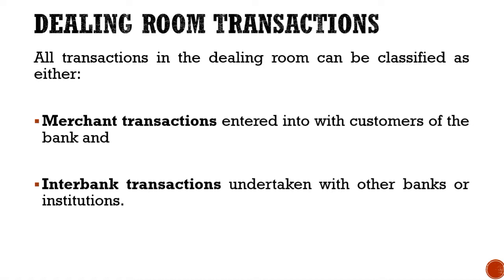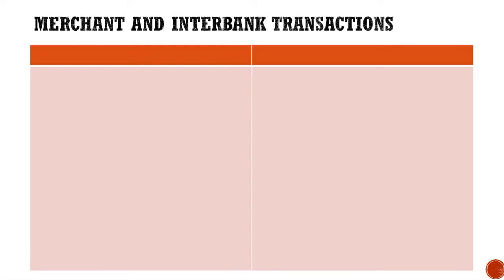So there are two types of transactions which take place in a dealing room. One is with the customers of the bank, and the second is with other banks and institutions. Now let us try to understand in detail what is a merchant transaction and an interbank transaction with the help of the following distinguishing points.